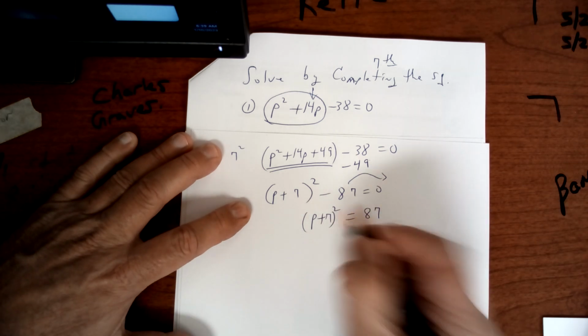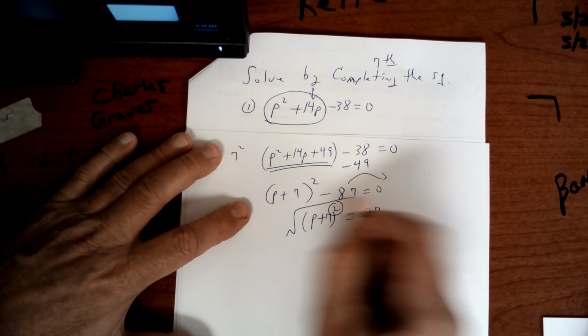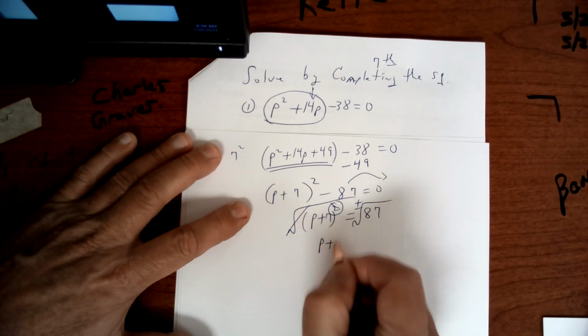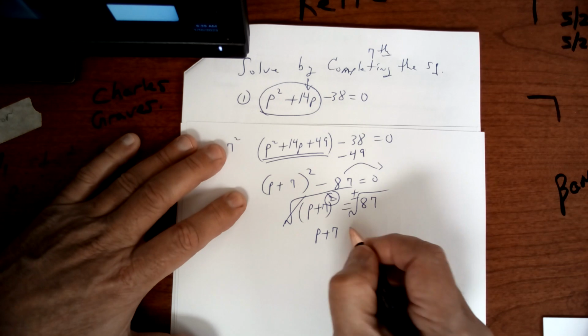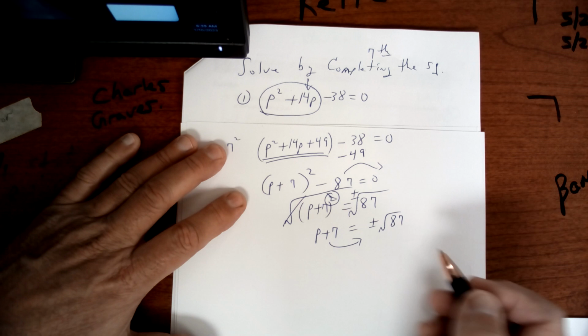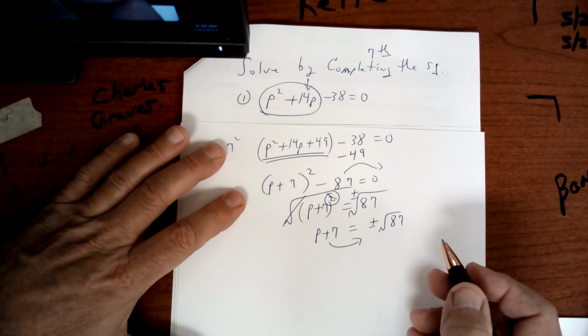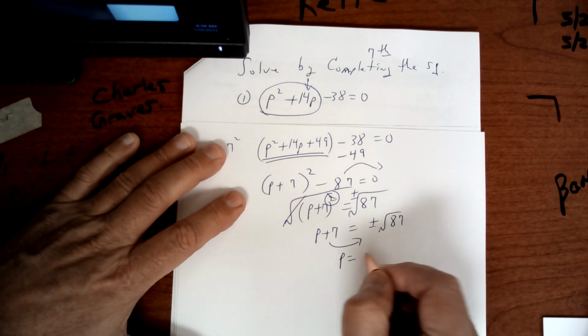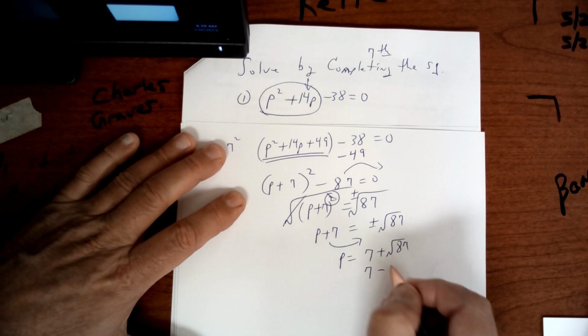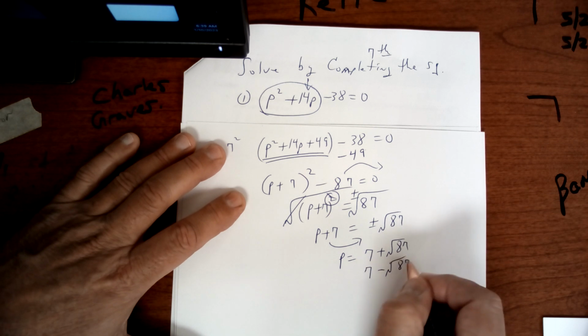To get rid of the square, you're going to do something called the square root, and that's two of them, plus and minus. So it's going to be p plus 7 equals plus or minus the square root of 87. You're going to move the 7 over there, and you got your two answers. So you're going to have p is equal to 7 plus the square root of 87 and 7 minus the square root of 87. And that's how you do it.